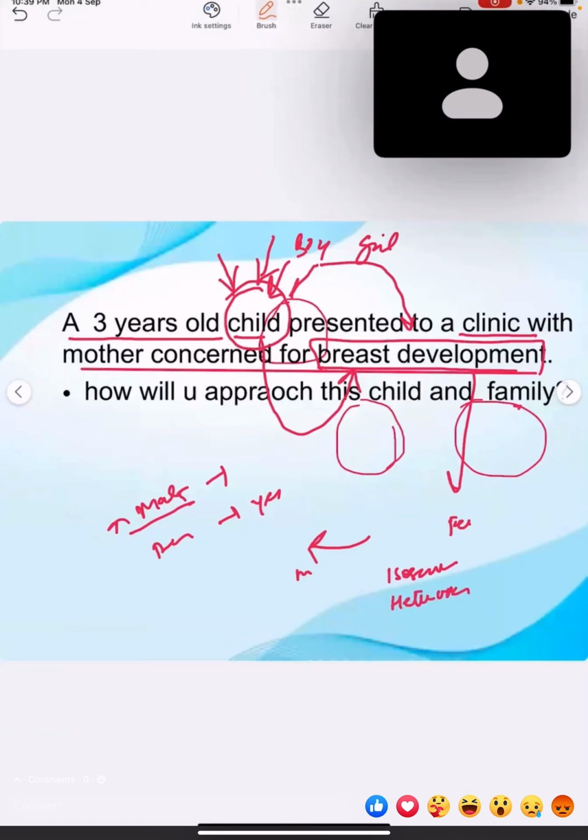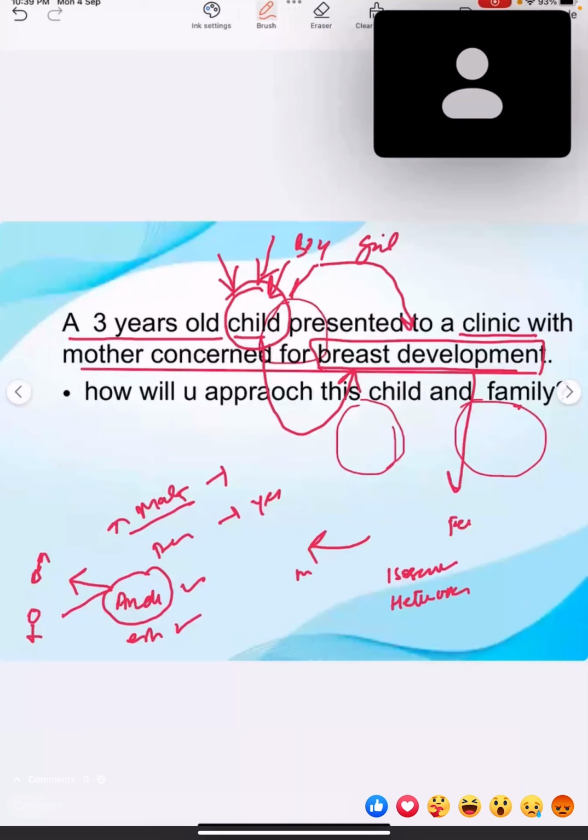For this, we have to know the basic understanding of the hormones and their function. Androgens and estrogen: what is the function of the androgen in the male, and what is the function of the androgen in the female? All males and females do have androgens.